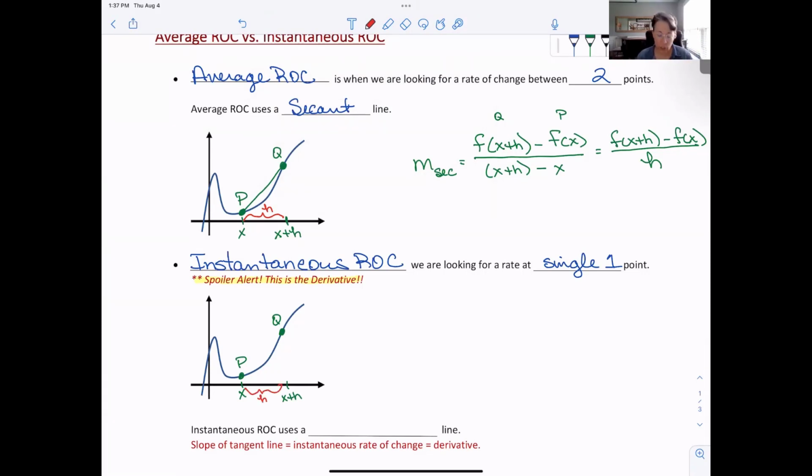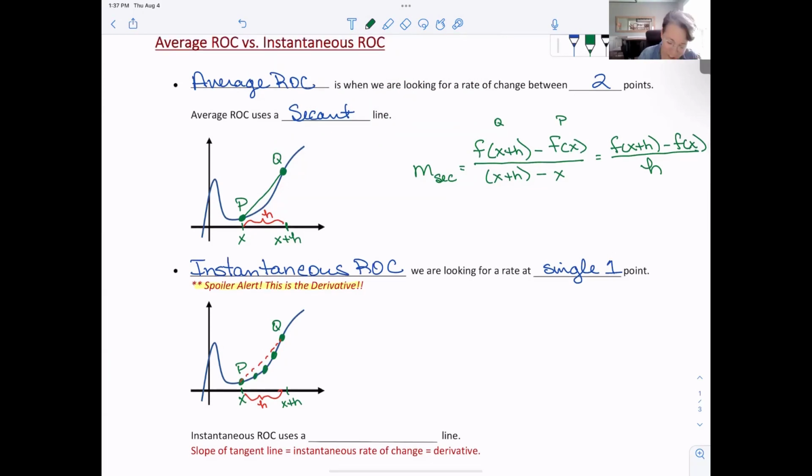Imagine if we took that Q, suppose there's our secant line between P and Q, and we moved that Q closer and closer and closer to P. The secant line is getting smaller and smaller, which means this h is also getting smaller. The distance between x and your next x is approaching 0. In order for it to be instantaneous, it has to be just at that point.